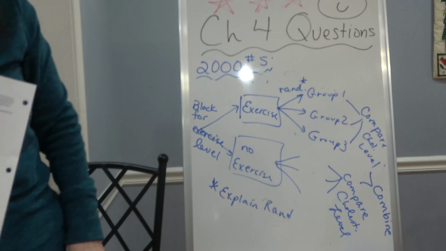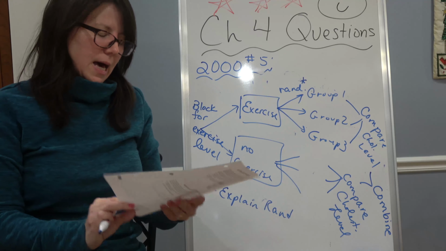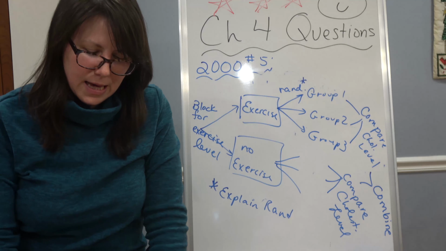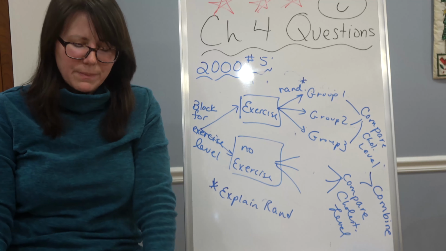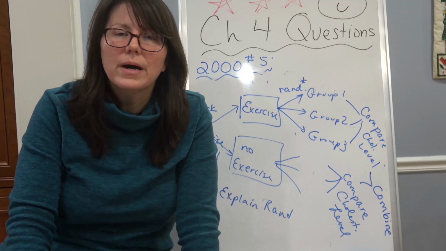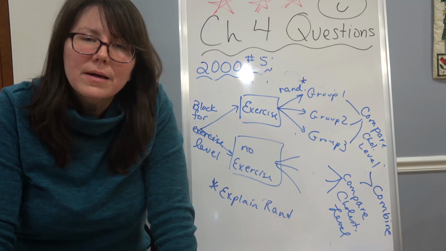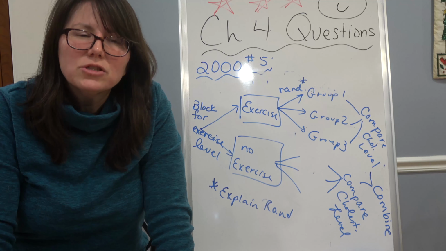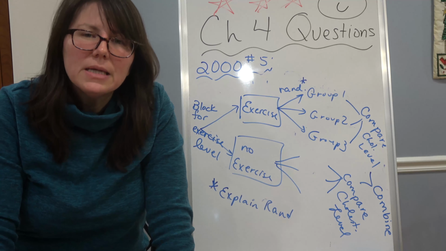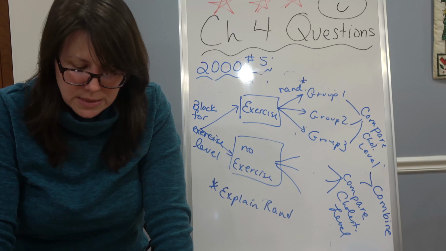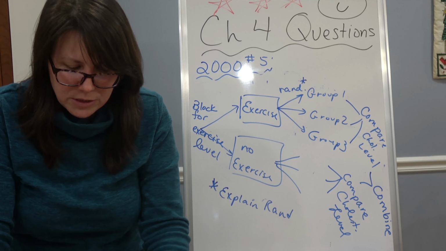And the best explanation is when you block, you're trying to eliminate variables that might affect the response. And so I think you're planting trees here.